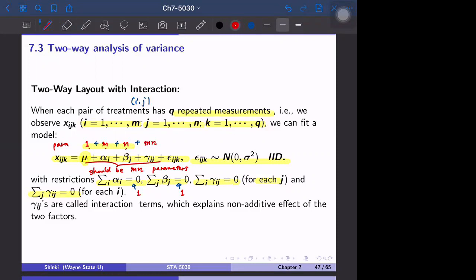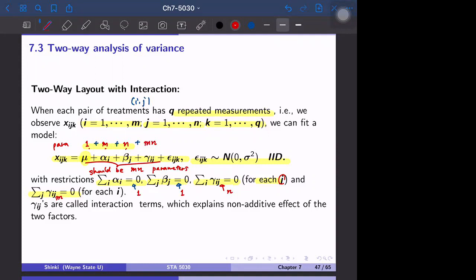So now we have here the summation over i of gamma_ij is equal to 0 for each j, so j is equal to 1 to n. So we have n restrictions here, and here we have m restrictions. And actually these restrictions have one redundancy. You can see that the summation over i of gamma_ij is equal to 0 for all j, and the summation over j of gamma_ij is equal to 0 for all i.